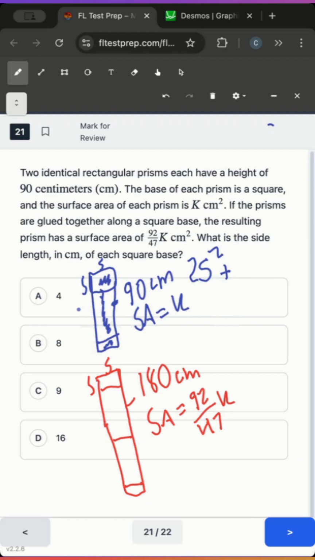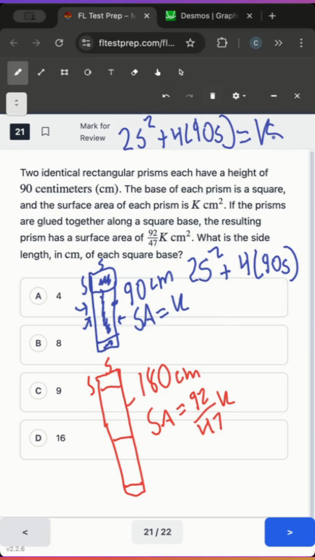There's 1, 2, 3, and 4. 4 faces of the rectangle. So it's going to be 4 times 90 times the side. Let me write it up here for now: 2s squared plus 4 times 90s is going to equal K.